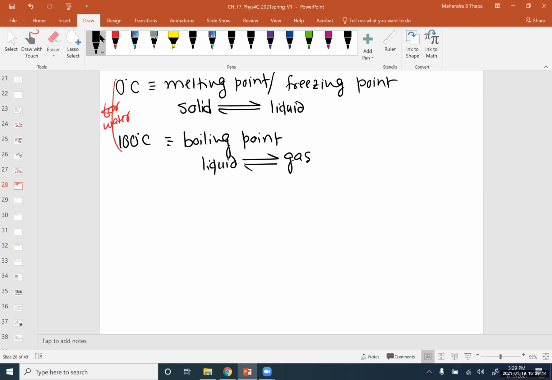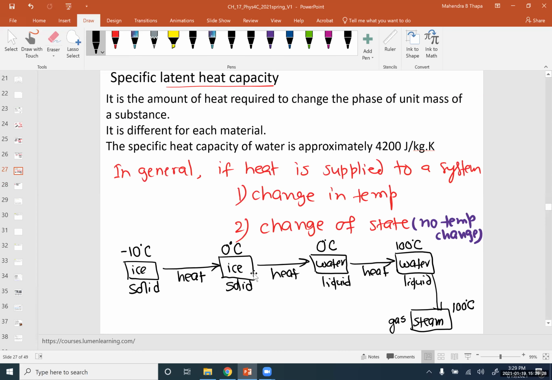So in this case, we supply the heat, but the temperature actually did not change. So here, when a substance changes state from solid to liquid or liquid to gaseous state, in that scenario we call it the specific latent heat.